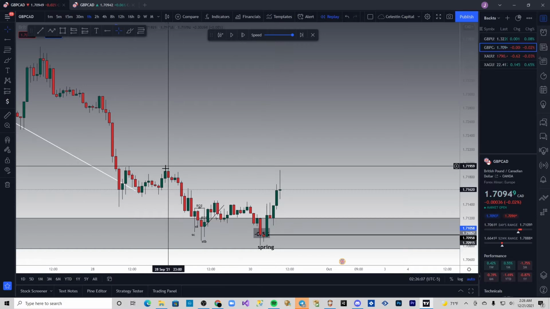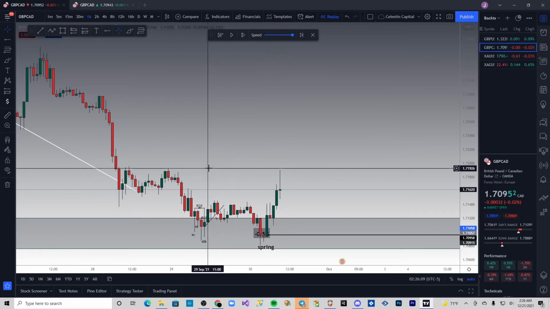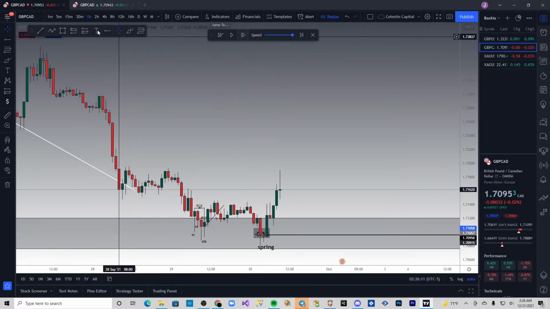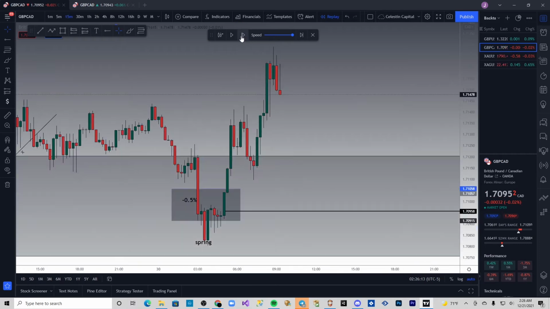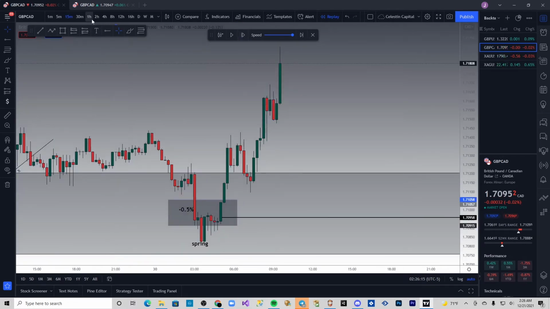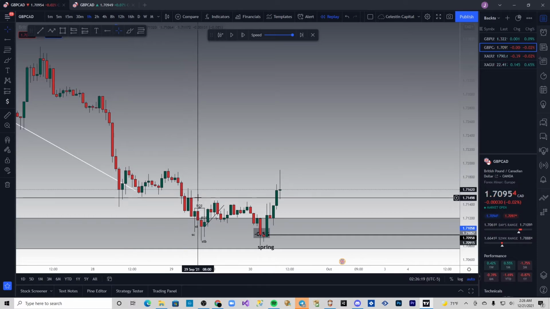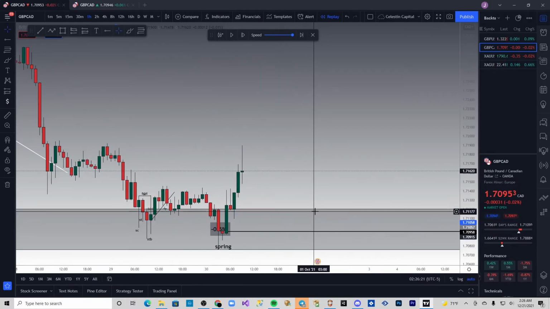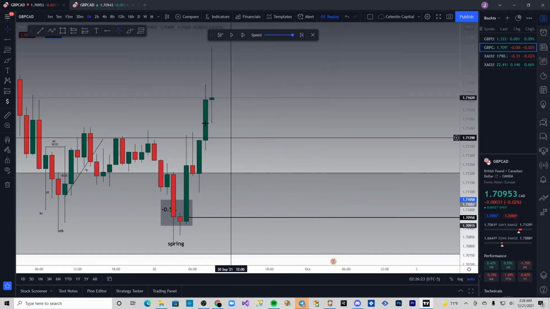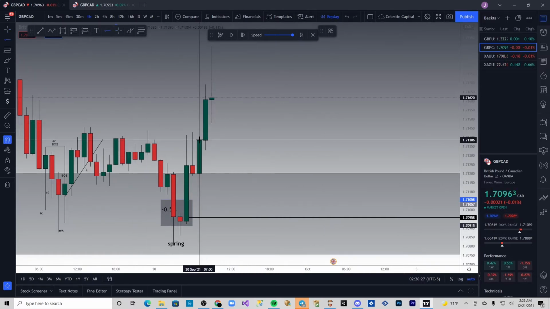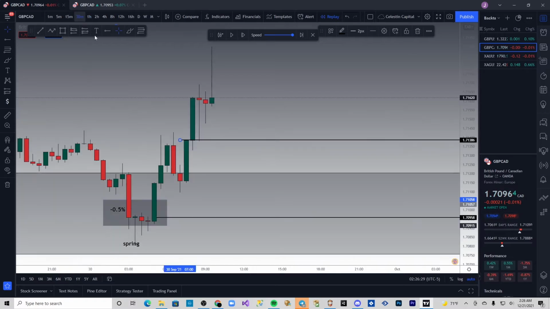So it looks like we're breaking structure to the upside, breaking even more structure. Let's play this out. Okay, we've broken structure. Broken these structure highs up here. We have this swing low left behind. Let's see if there's anything in there that we can work with.